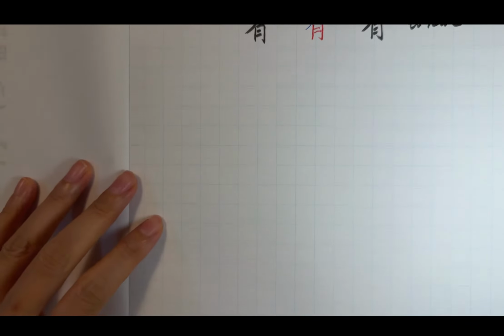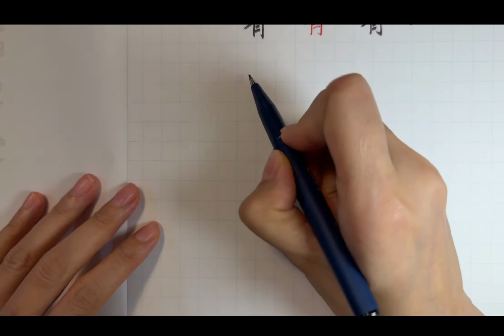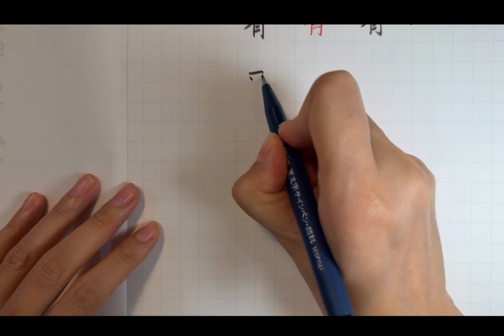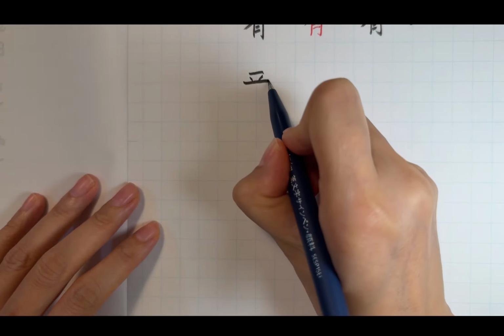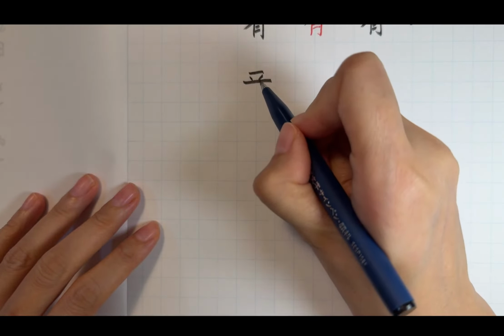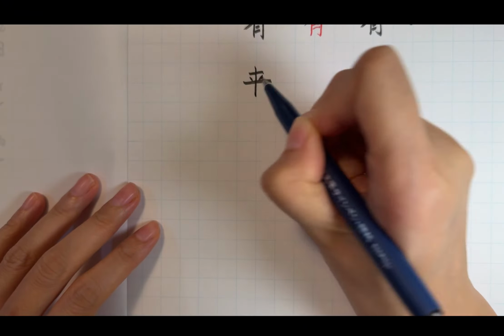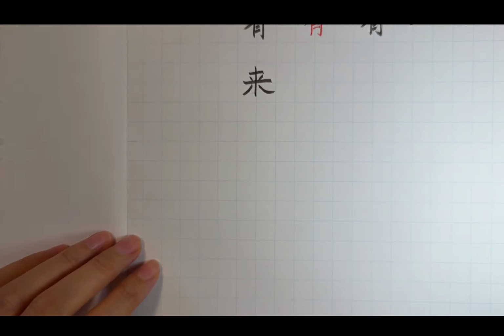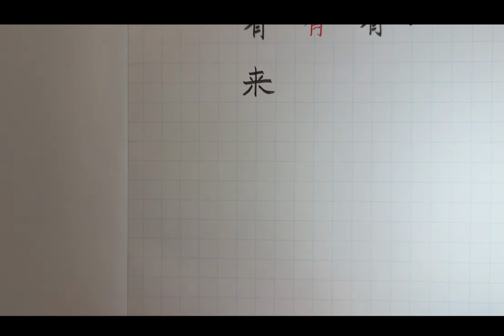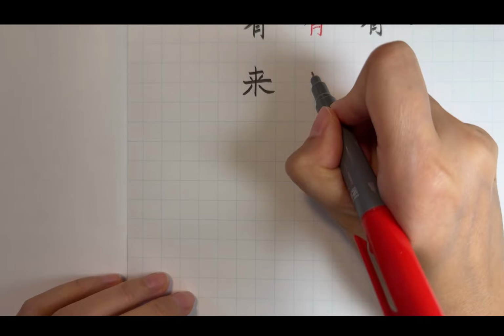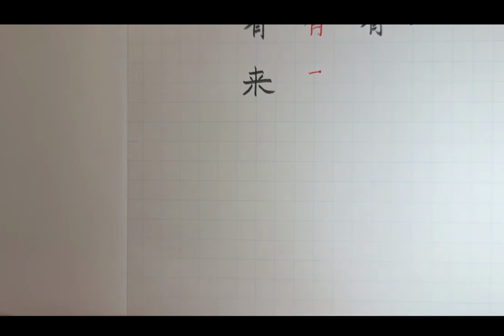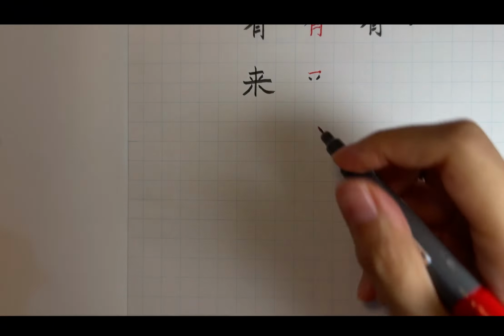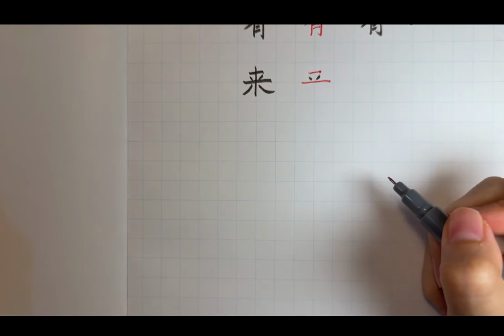Okay, so let's see how to write the 来. Again, since it's symmetrical, so I will draw it in a symmetrical way. Okay, so you have this, and we have the central stroke, and 撇 and 捺. It's easy, right? If you break them down, write these first, and write the two dots symmetrically, and write another long stroke.